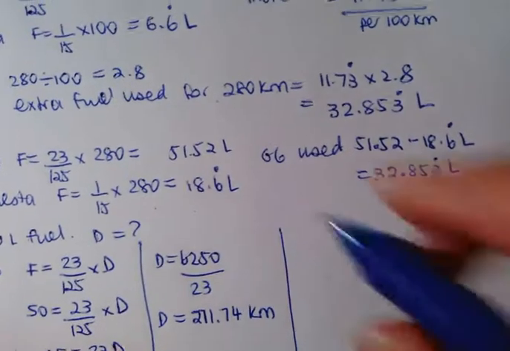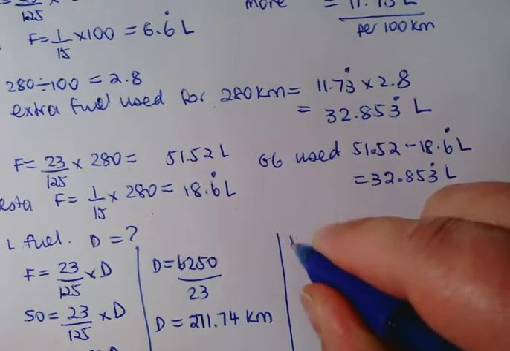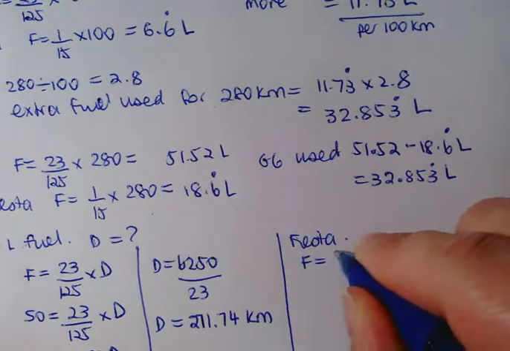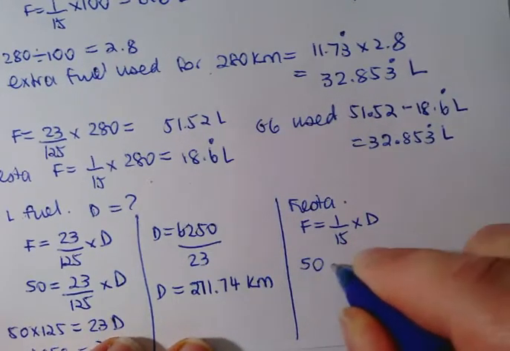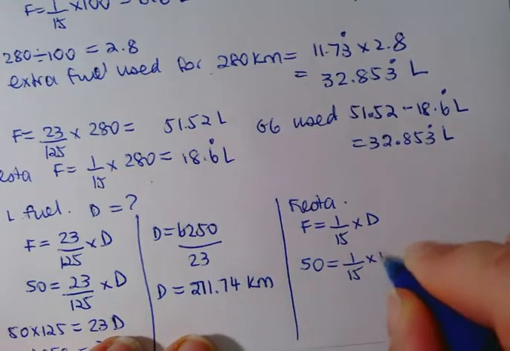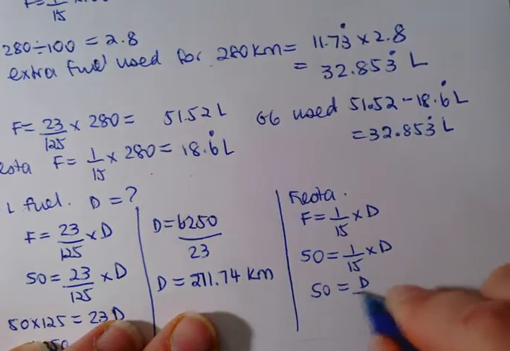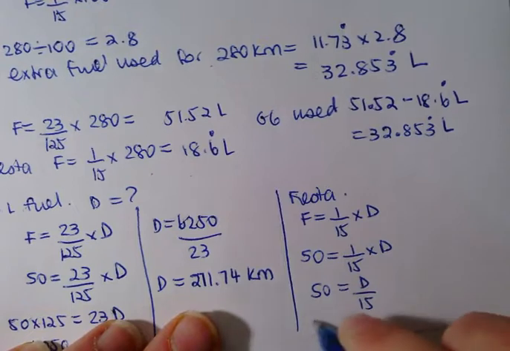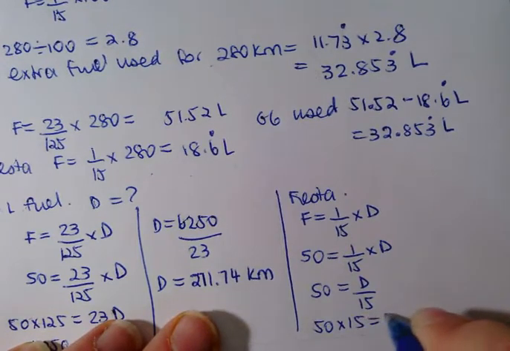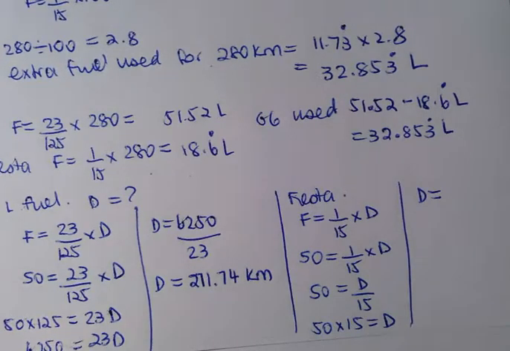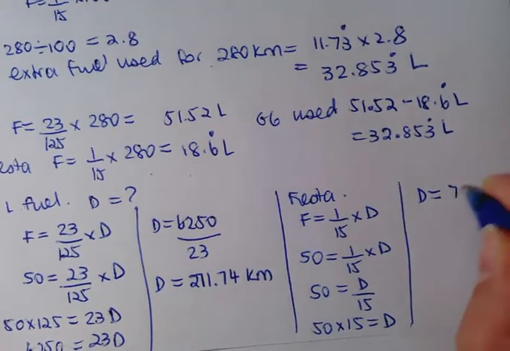Now we said about 270 kilometres on 50 litres, right? For the Fiesta, we've got F equals 1 over 15 times D, and we've got 50 litres of fuel equals 1 over 15 times D. So that's 50 equals D over 15, which means that 50 times 15 equals D. In other words, D is 750.